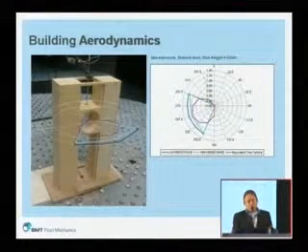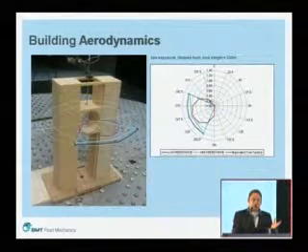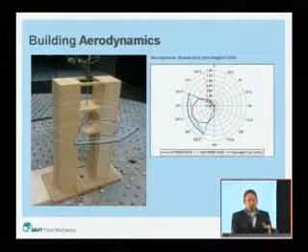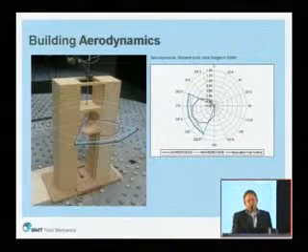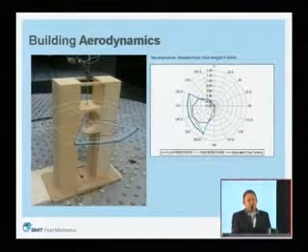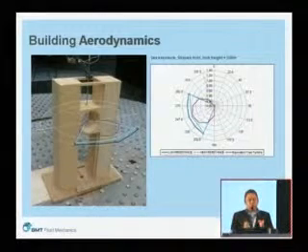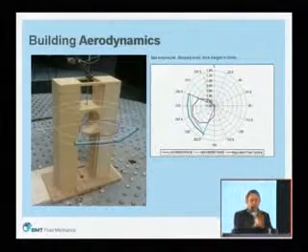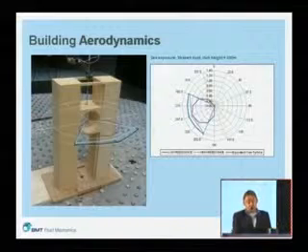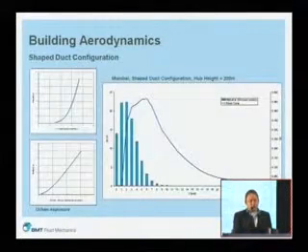The two blue curves show the difference between a shaped duct, which has been streamlined to reduce the losses, and a straight duct. The interesting thing is that these ducts seem to be working over a relatively large wind angle range. If the wind is something like 60 degrees off the axis of the rotor, it would appear that you can still get flow through there, but you're limited very much to that range.